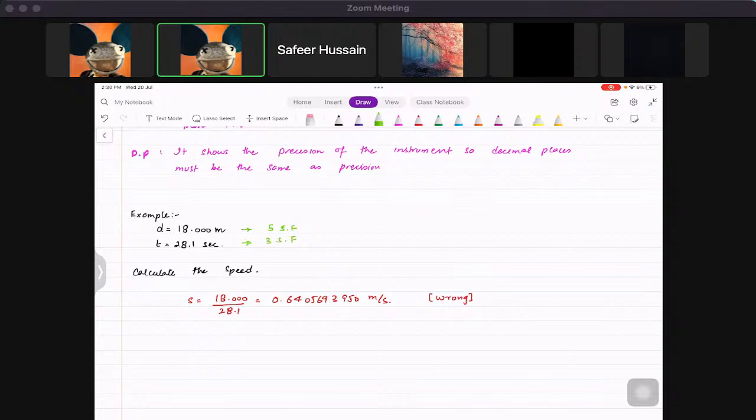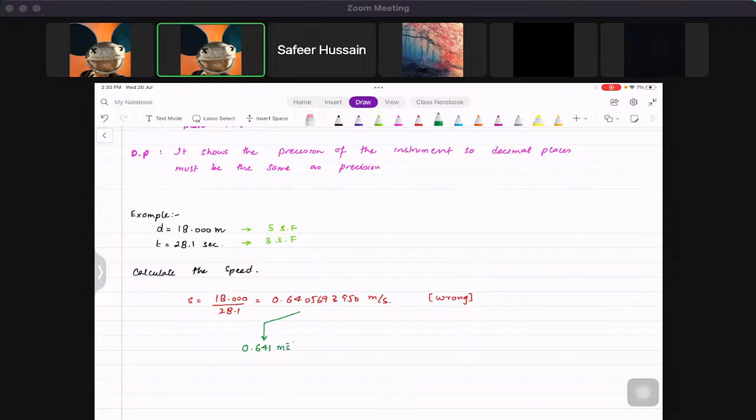So basically what I want to tell you is that this answer can be written in either 3 significant figures, so you can write it as 0.641 meters per second.